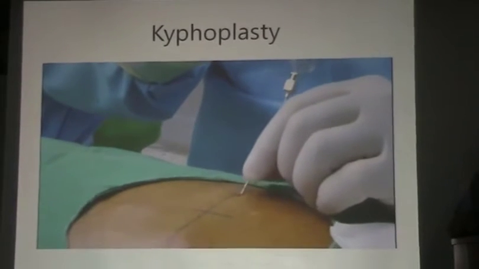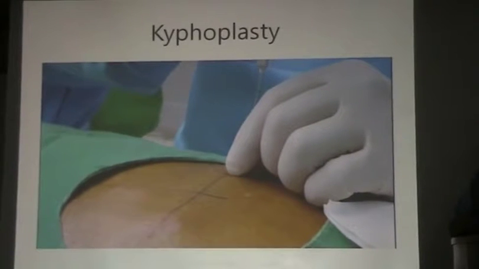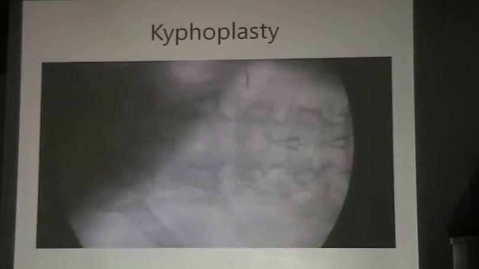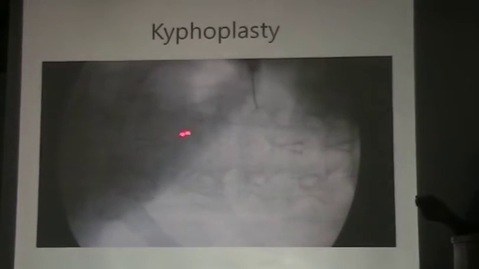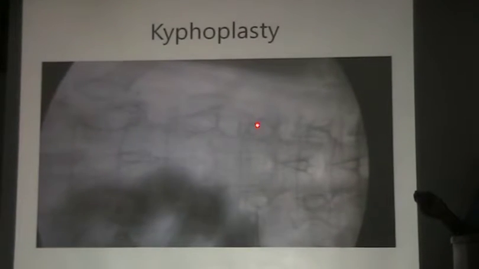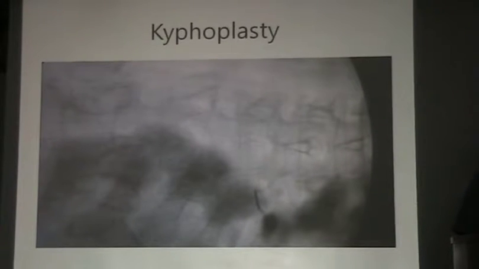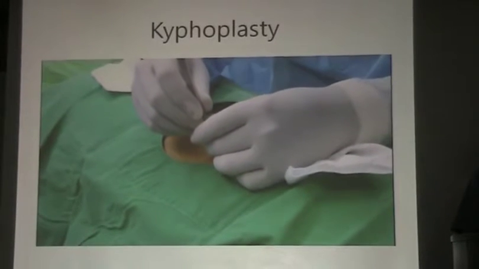And pedicle block with 20 gauge spinal needle is very important to reduce the patient's pain during the procedure. Just lateral to the pedicle. This is the entry point. Small skin incision.